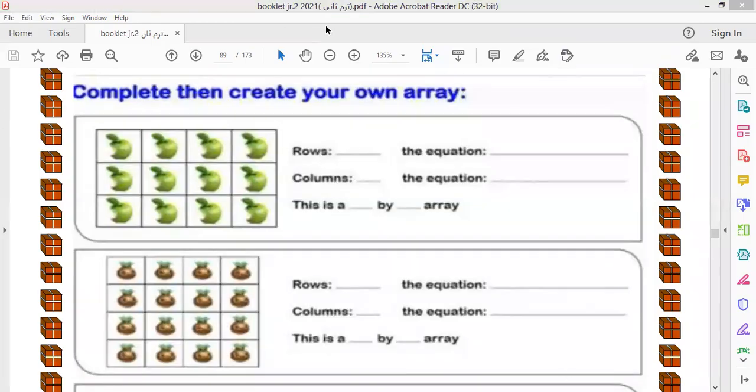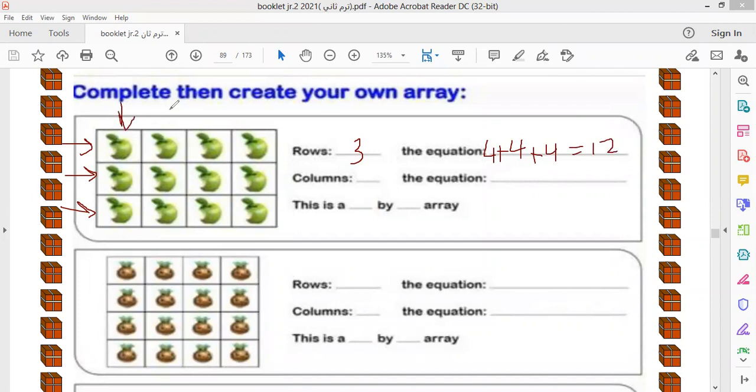Look here. What is the number of rows here? 1, 2, 3. We have 3 rows. And what is the equation? Each row have 4, so we write 4 plus 4 plus 4 equals 12. And what is the number of columns here?